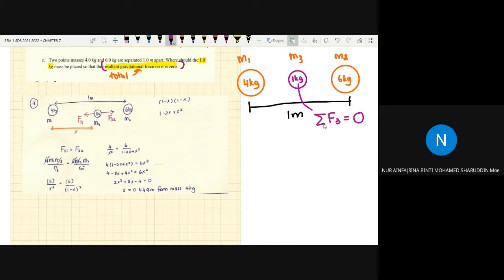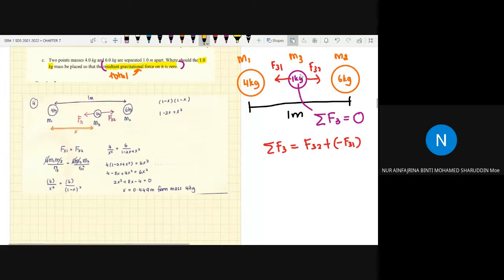Dan kita tahu dekat 1 kg ni dia akan ada gravitational force. Dia akan ada attractive force, F32 dan juga F31. Jadi kita tahu summation of gravitational force dekat mass 3 adalah F32 tambah dengan negative F31.